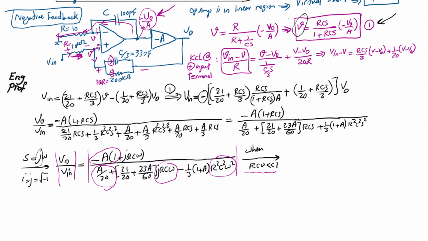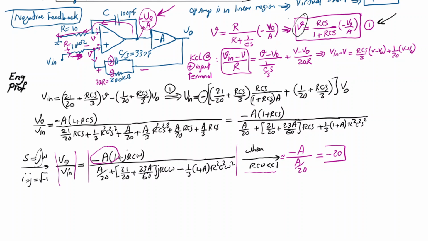So this portion of the denominator can be completely neglected because it becomes very small, and the only thing that remains in the numerator is -A, and the only thing that remains in the denominator is A over 20, which gives us a gain of -20.